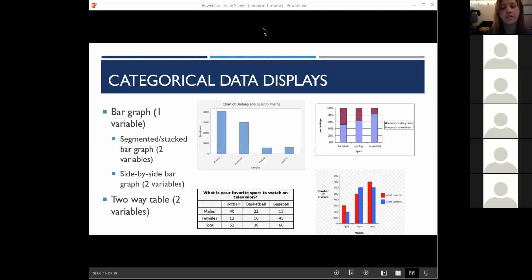But yeah, this is also a frequency table because it is saying the frequency of this being a favorite sport and the frequency of a male liking this or a female liking this or whatever. So that's another way to describe it. That's a good question. They're both still talking about two categorical variables in this case, but good question.